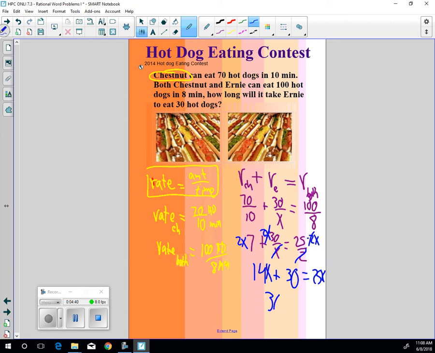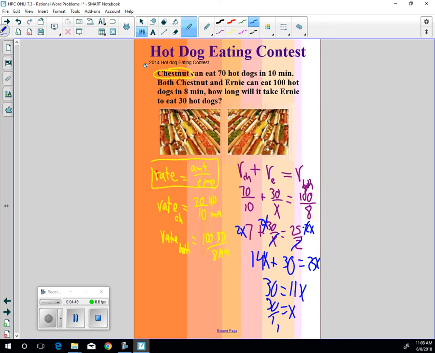So 30 is equal to 25x minus 14x, which is 11x. And so x is going to be 30 over 11, which is like 2.7 or something like that. So it would take Ernie a little under 3 minutes to eat 30, which sounds about right.